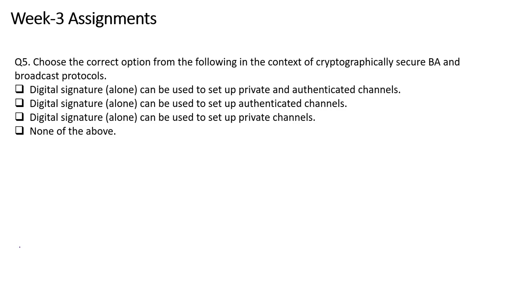In standard cryptography, you use an encryption scheme for ensuring privacy of the message, and you use a signature scheme for authenticity of the message. So clearly the second option is the only correct option, which says that digital signature alone can be used to set up authenticated channels.